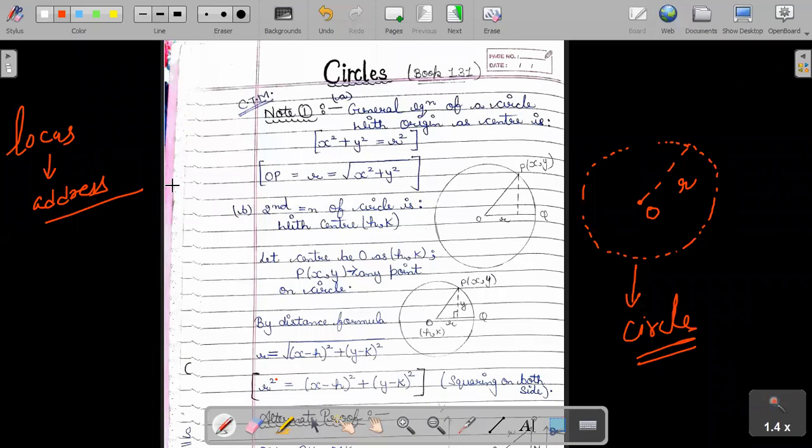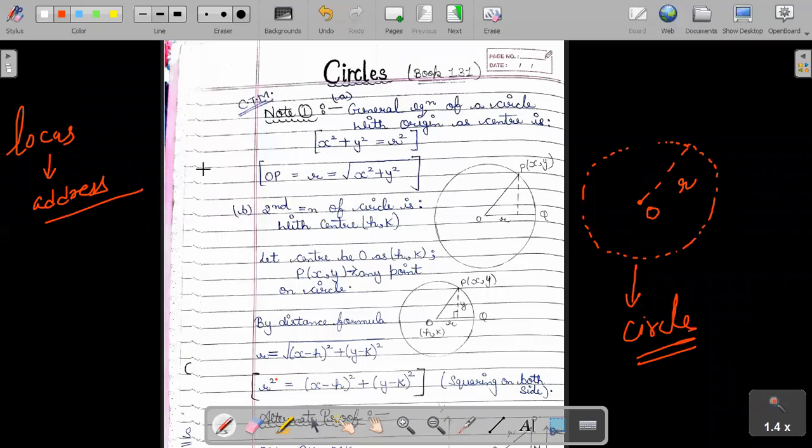If I ask you what is x is equal to 3, it means all those points which are at distance 3 from the origin. So what are these equations telling us? Equations give you some points which satisfy one property. When I say x is equal to 3, it means all those points whose distance from the y-axis is 3 units.